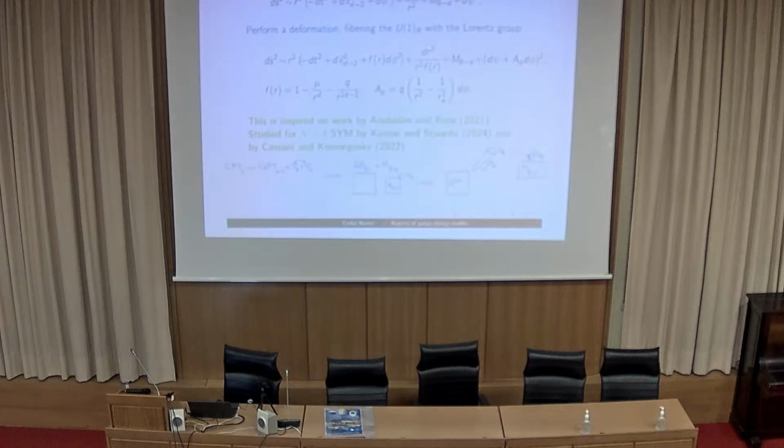This type of metrics has been known since before 2021, but they were put back into the game in a paper by Andrés Anabalón and Simon Ross. Then this type of compactifications was very nicely studied by Prem Kumar and Ricardo Stuardo in 2024, and also in 2022, in a different picture, Anselmi and Komargodski studied this type of compactification where a CFT4 is compactified to a three-dimensional quantum field theory times a circle, and this circle is twisted with the R-symmetry. Okay?